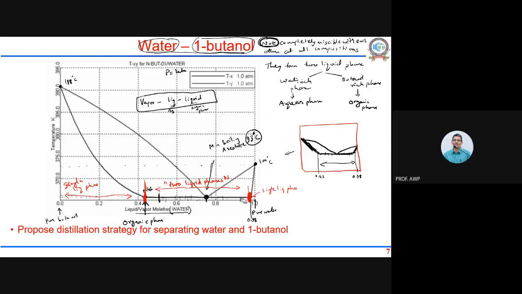But the compositions would be 0.98 and 0.42. And because the compositions are the same, the vapor which is in equilibrium will always be the same, corresponding to this minimum boiling azeotrope. Only the relative amount of liquid 1 and liquid 2, aqueous and organic phases, would change.